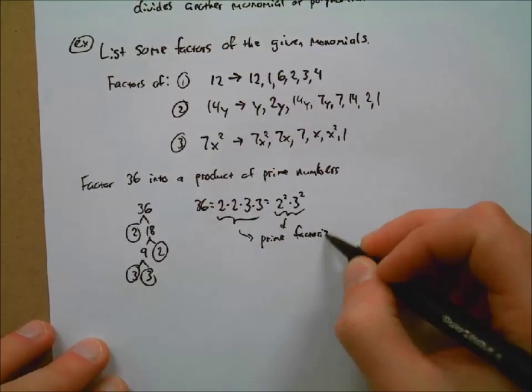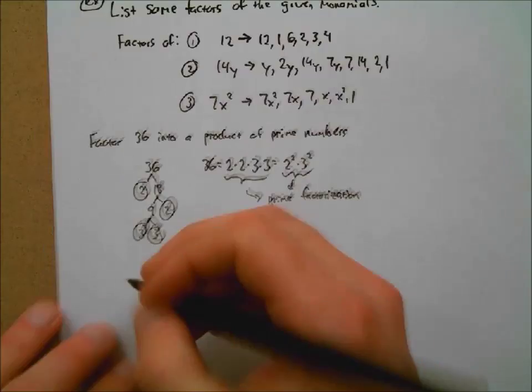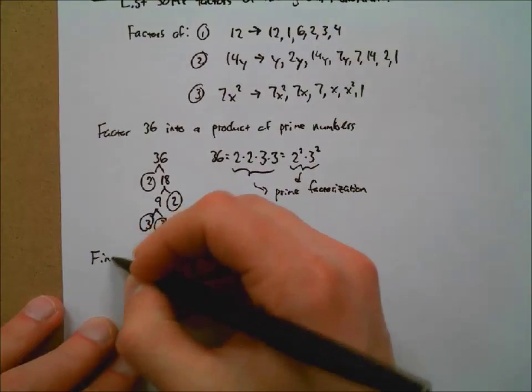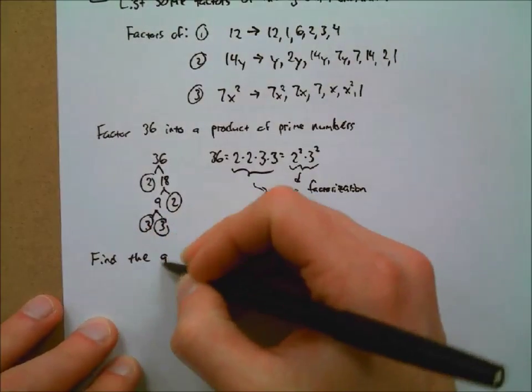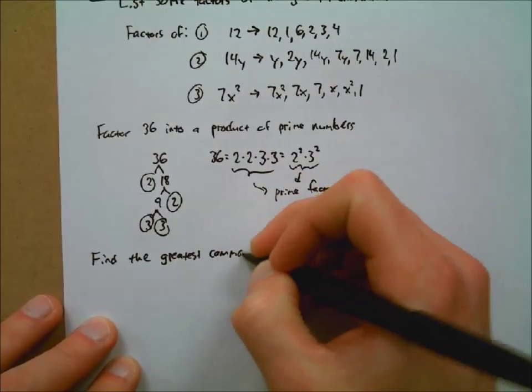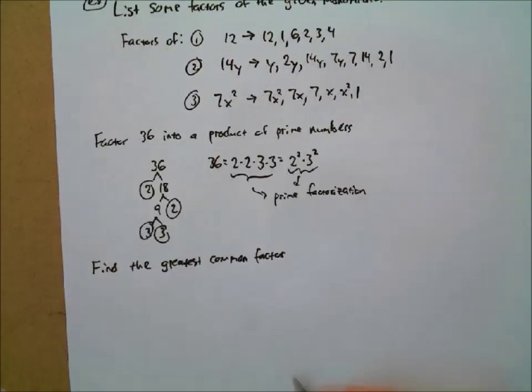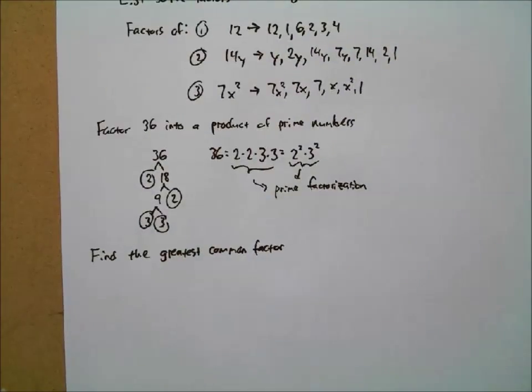And it's helpful sometimes to do that when you're trying to find a GCF, or greatest common factor. So, let's talk about finding that greatest common factor here. I can remember back when I was in school, sometimes getting confused about the difference between greatest common factor and least common multiple.